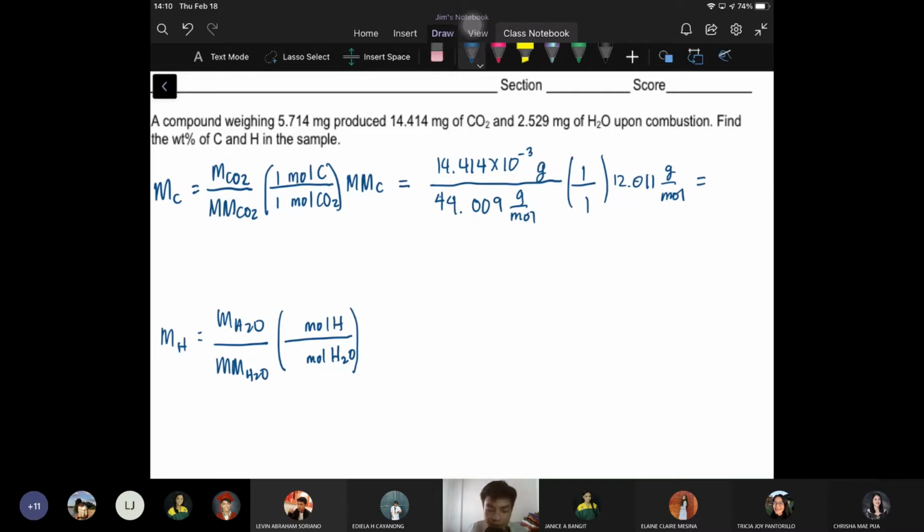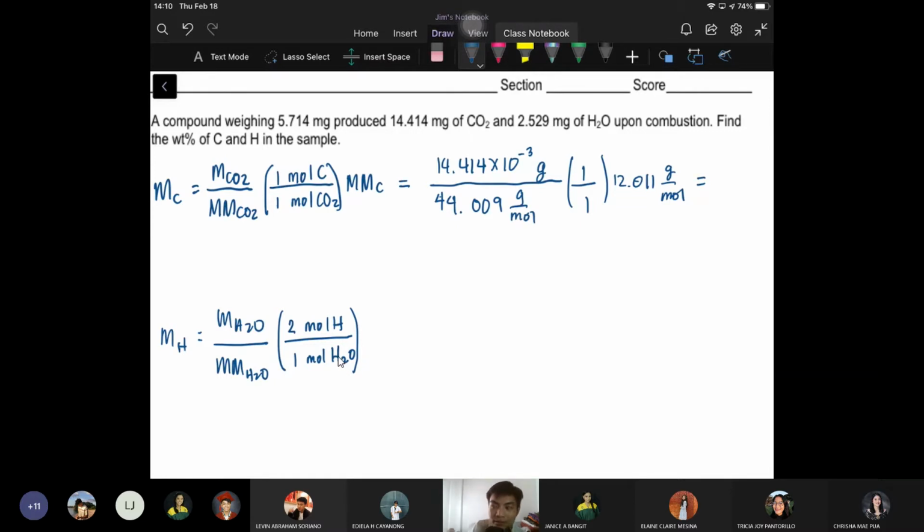A question: for every mole of water, how many moles of hydrogen are there? Sagot ay 2. So for every mole of water, may dalawang hydrogen kang makukuha. Paano natin nalaman yon? Just look at the subscript.